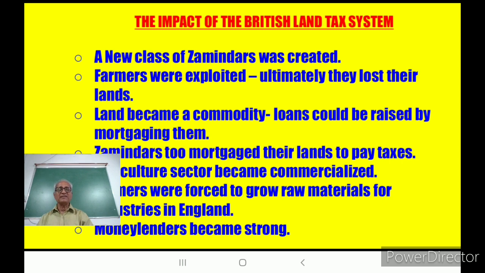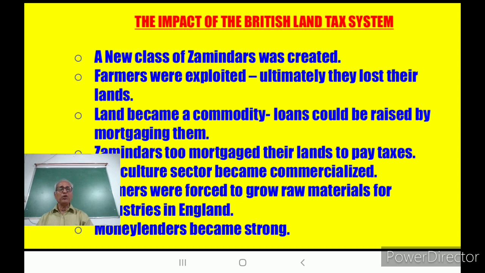Whether it's the Zamindari system or the Mahalwari system or later Rayatwari system, the zamindars were playing an important role. In the Rayatwari system, the zamindars started giving loans to the farmers whenever required.